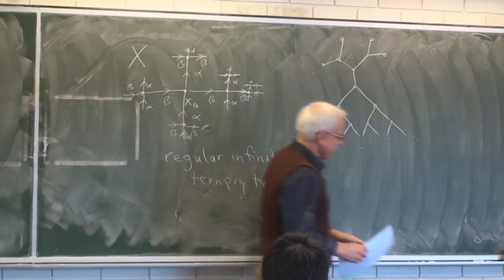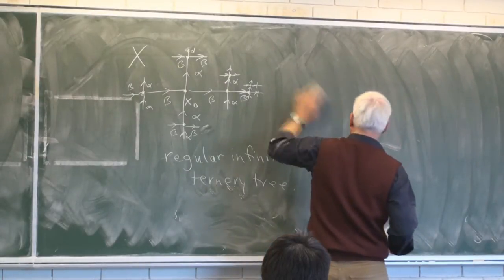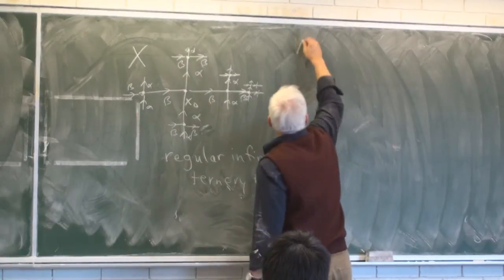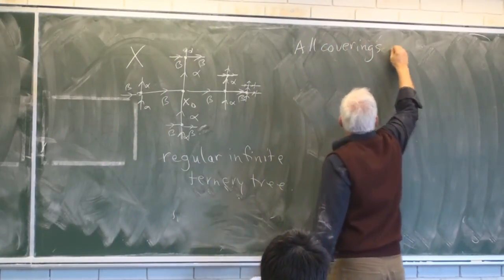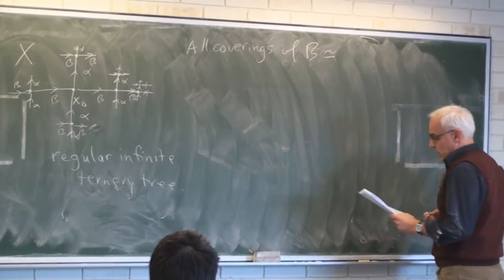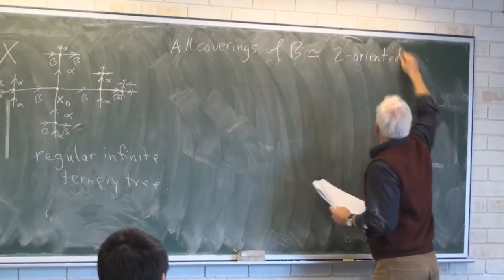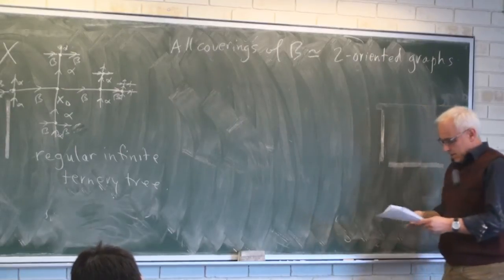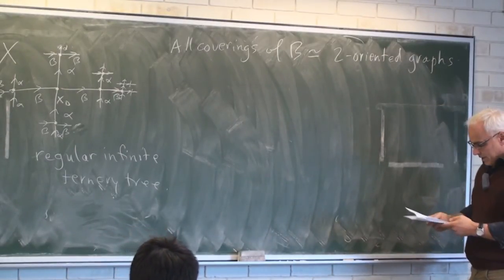So if we try to understand all the coverings of this modest graph B, all the coverings of B turn out to be what are sometimes called two-oriented graphs. And these can be obtained in a very general way.